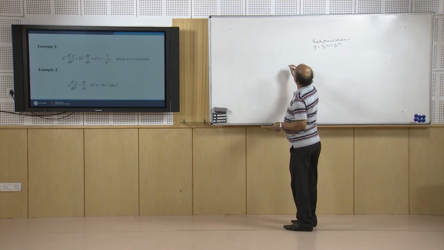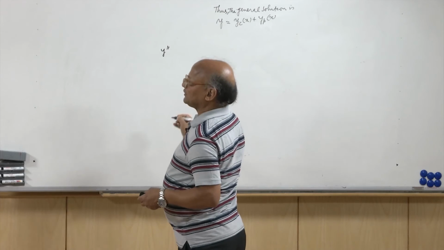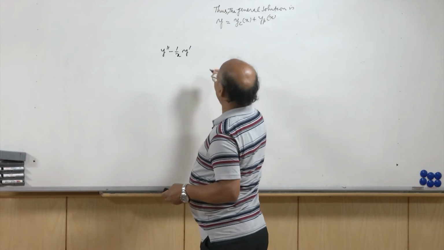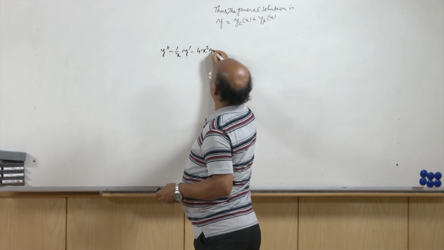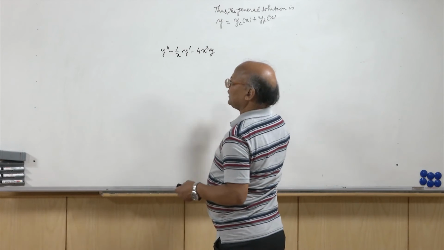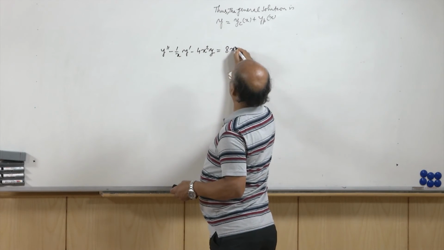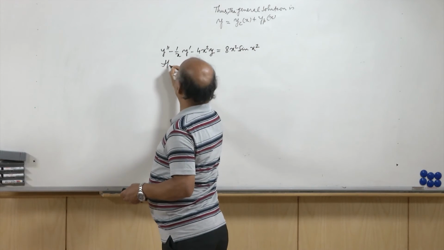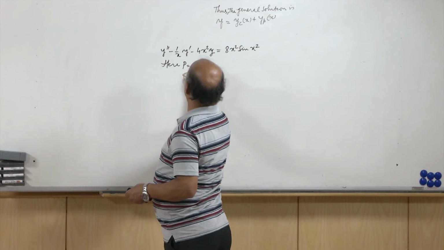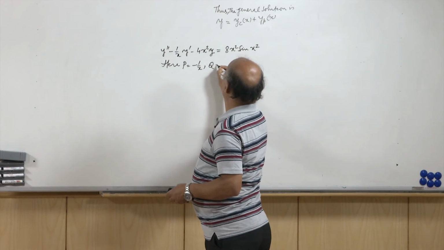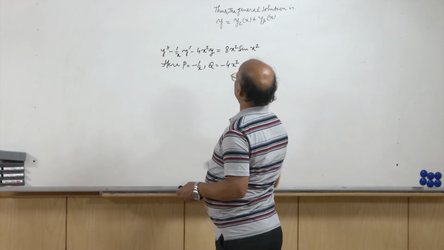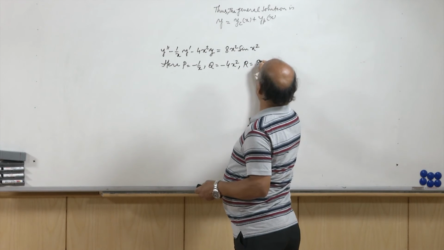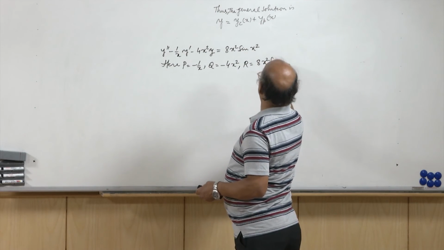So, we shall have y double dash minus 1 over x y dash minus 4x square into y equal to 8x square sin x square. So, here p is equal to minus 1 over x, q equal to minus 4x square, and r is equal to 8x square sin x square.